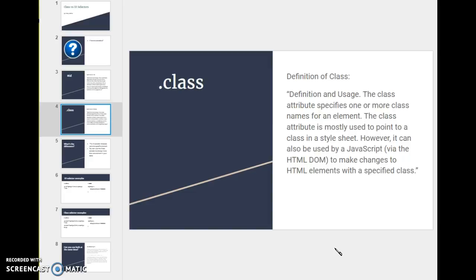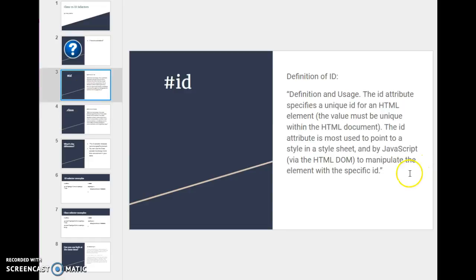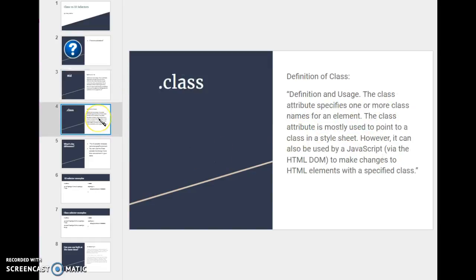However, it can also be used by JavaScript via the HTML DOM to make changes to HTML elements with a specified class. Now, as you can kind of see, the difference here says specific ID, of course, but right here it says the value must be unique within the HTML document.